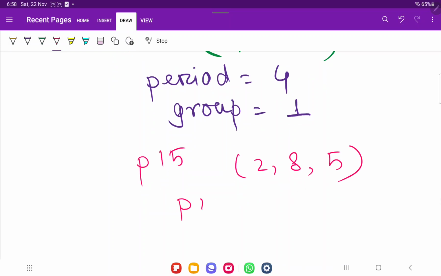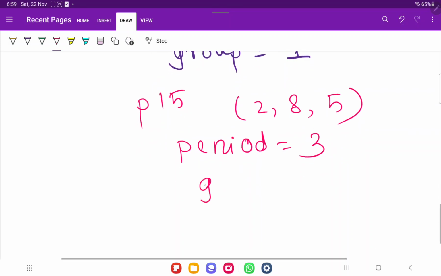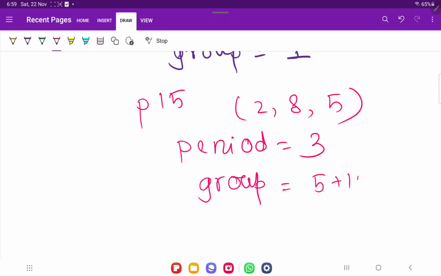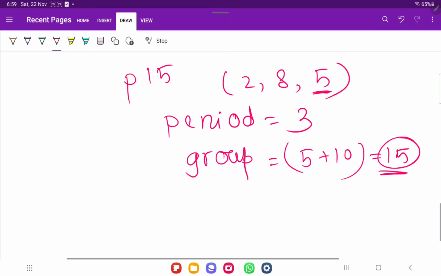Here you can easily tell the period is 3, as it has 3 shells. And the group will be 5 plus 10, because the electrons in the outermost orbital are more than 2. So the group will be 15. In this way we can find, for any element in the modern periodic table, in which period or group it is present.